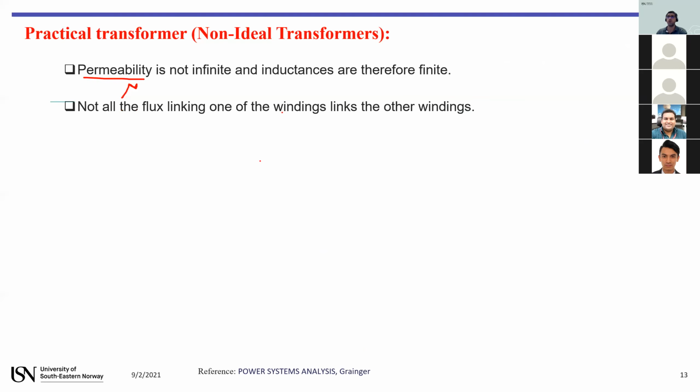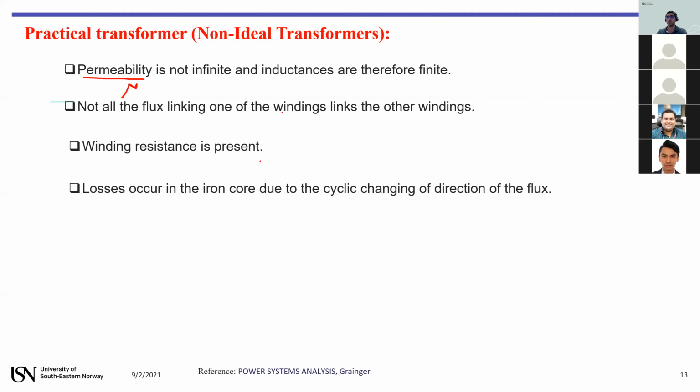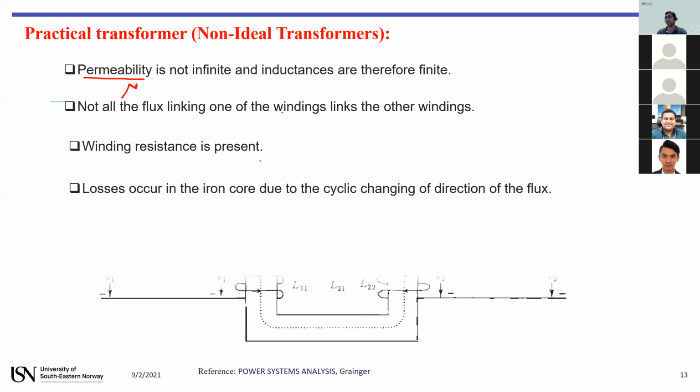So all the flux will not link both windings. We have the leakage, and we have resistance for the winding, and we have losses in the core, because we have a cyclic changing of the flux. So we will have different types of losses in the core.